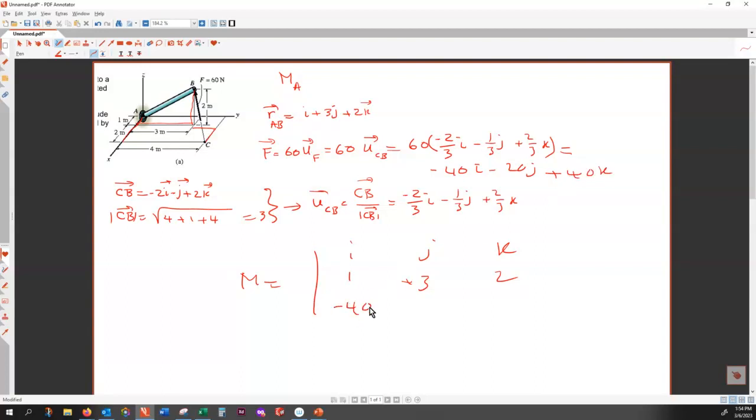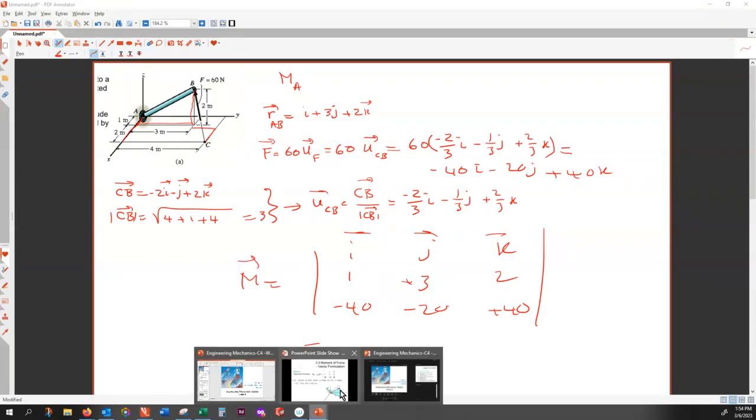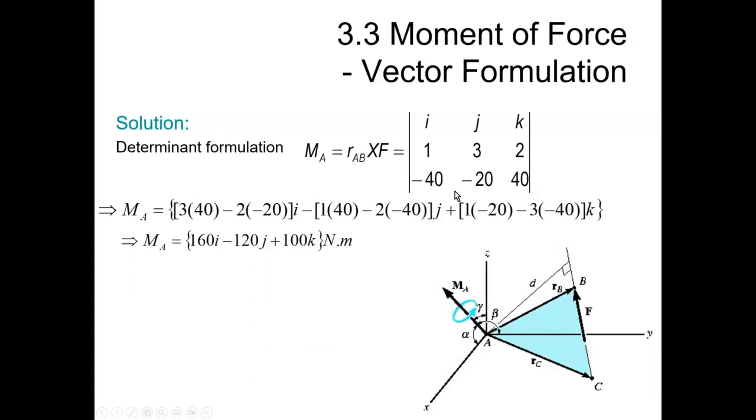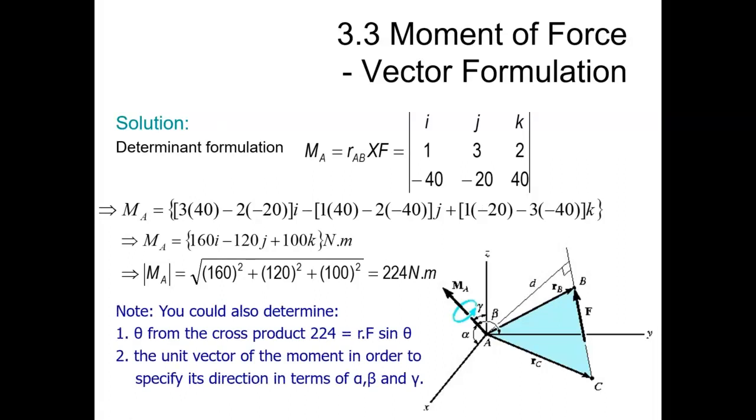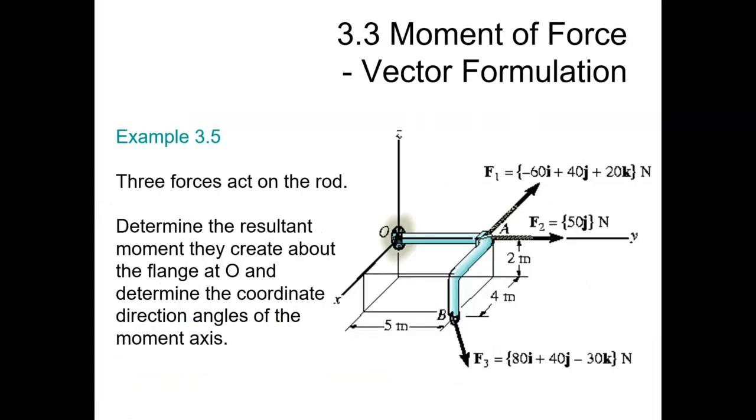So this is minus 40, minus 20, plus 40. And that you can work out. And here we have the solution for that: minus 40, minus 20, 40, the same. Next example.